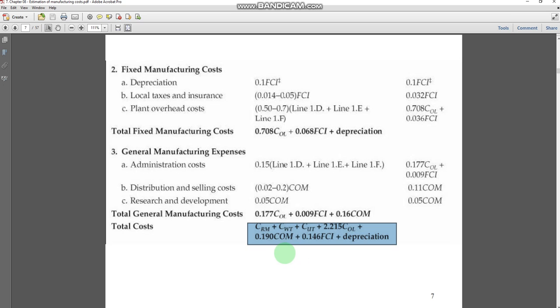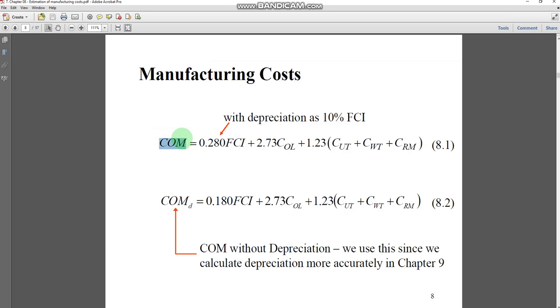But if we rearrange this equation in the form of cost of manufacturing, we can finally get this kind of equation, which is equal to 0.280 fixed capital investment, 2.73 cost of the operating labor, 1.23, in which you have the cost of the utilities, cost of waste treatment, and cost for the raw material.